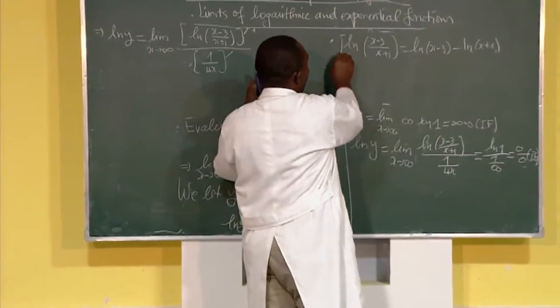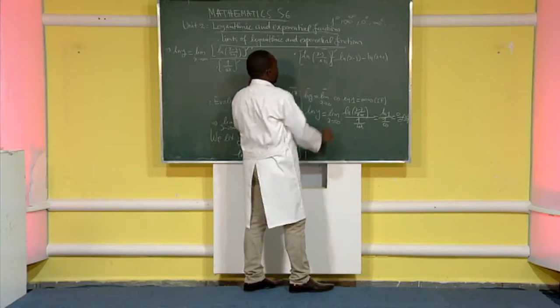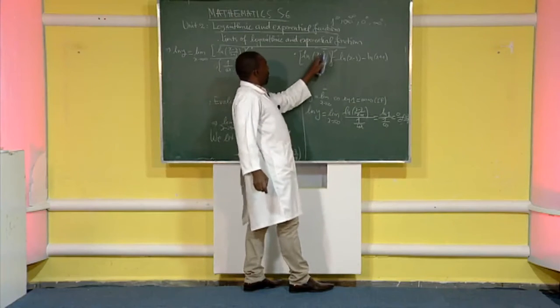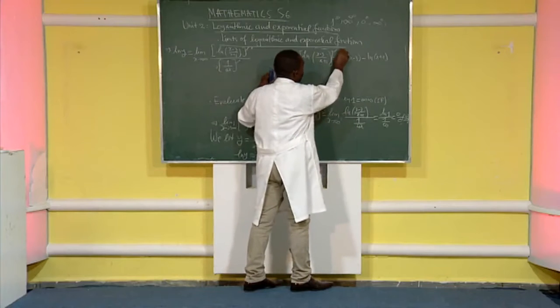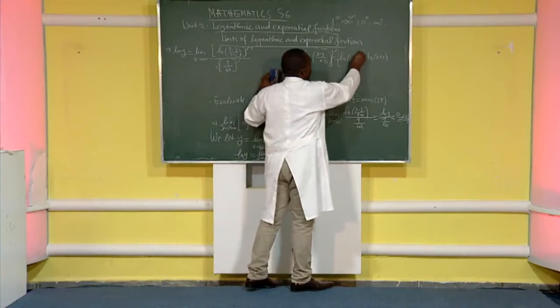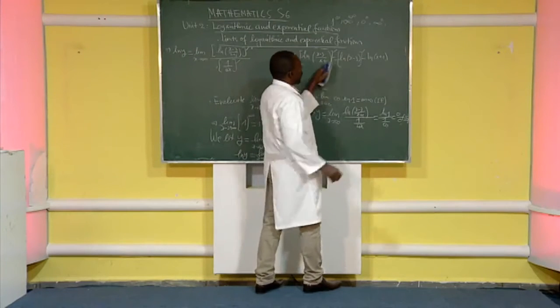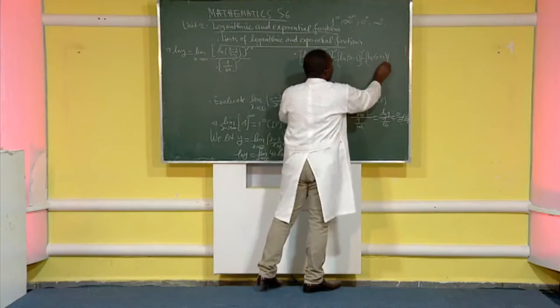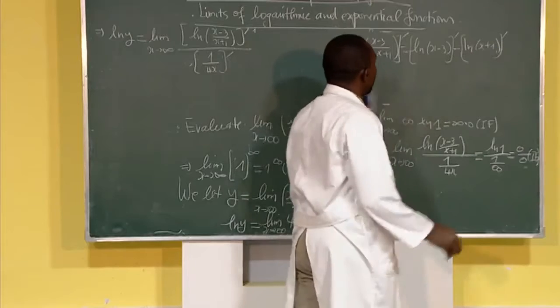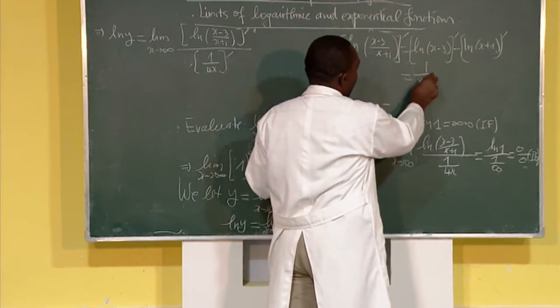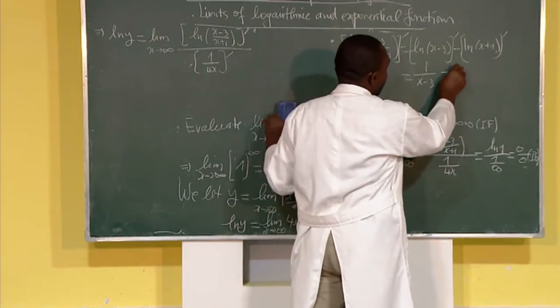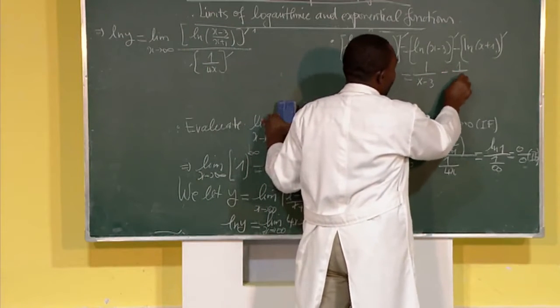Then differentiating ln of (x minus 3) divided by (x plus 1), this will be equal to the derivative of ln of (x minus 3) minus the derivative of ln of (x plus 1), and we get 1 divided by (x minus 3) minus 1 over (x plus 1).